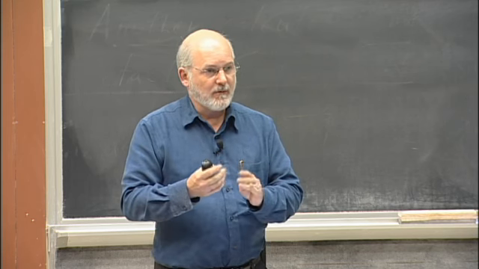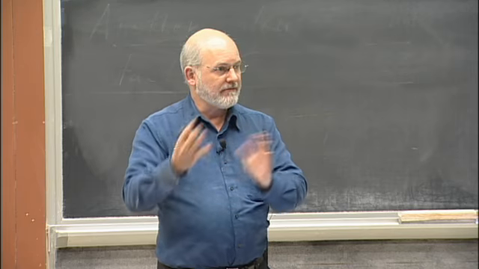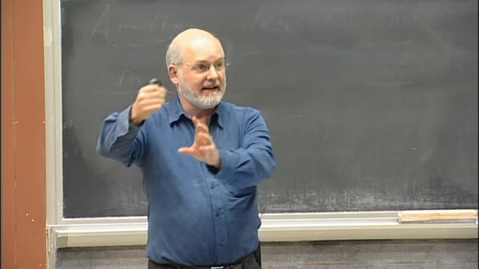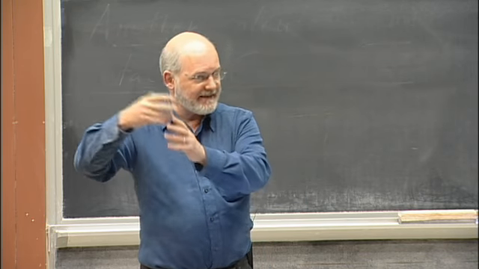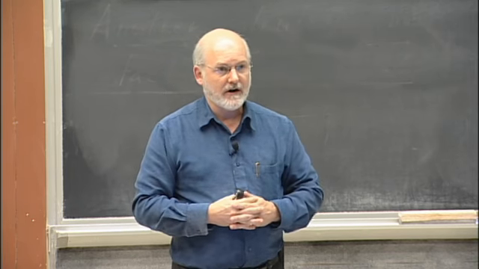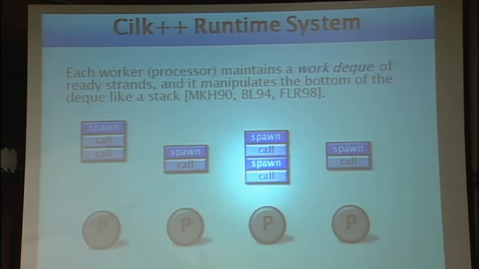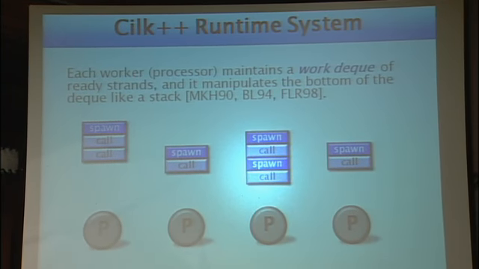This is kind of what pthreads does when you do pthread create. It goes out and creates all of the things it needs and gets it scheduled on a processor. Work stealing, on the other hand, takes the opposite approach. Whenever it spawns work, it just keeps that work local to it, but makes it available for stealing.